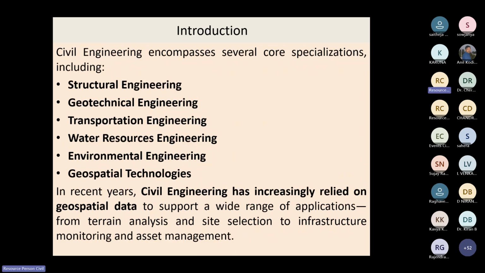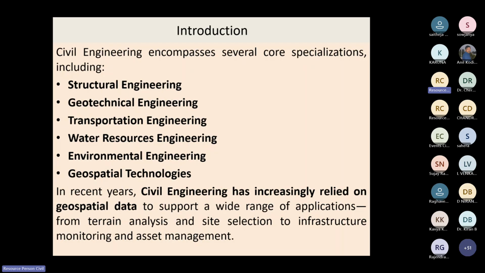So in real time, in the last decade, geospatial technology has been playing a vital role for all civil engineering applications. Earlier, only water resource and environmental issues were solved with the help of maps and so on.